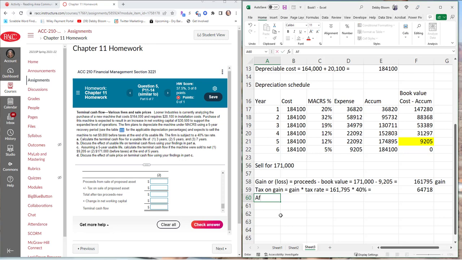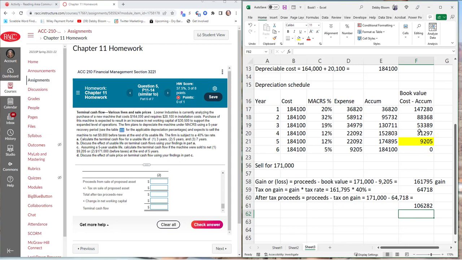Now to calculate the after-tax proceeds, we take the proceeds and subtract the tax on the gain. So in this case, I'm going to take 171,000 that I'm going to get, but I'm going to have to pay a tax of 64,718. So I'm only going to net 106,282 from the sale.